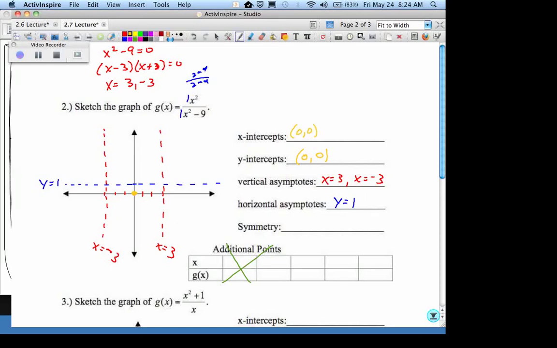So did anybody graph this yet? What's it doing? Top left? Fine. Top right? Like that? Good enough?